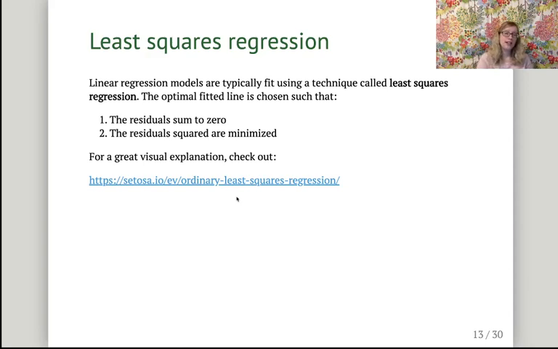The second condition is that we want the squared residuals to be minimized. We want those to be as small as they can possibly be. For a good visual explanation, if you're a visual learner, I highly recommend this website linked here at setosa.io. There are some great animations for how this all works mathematically.